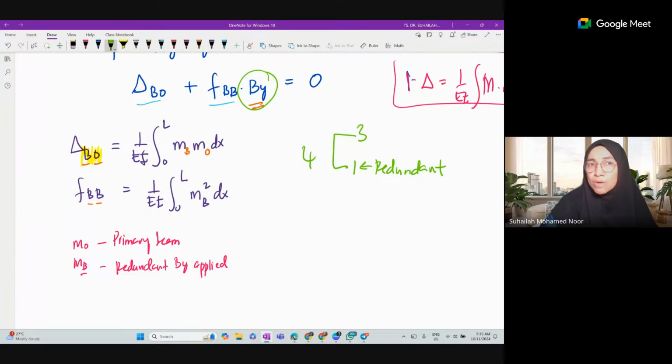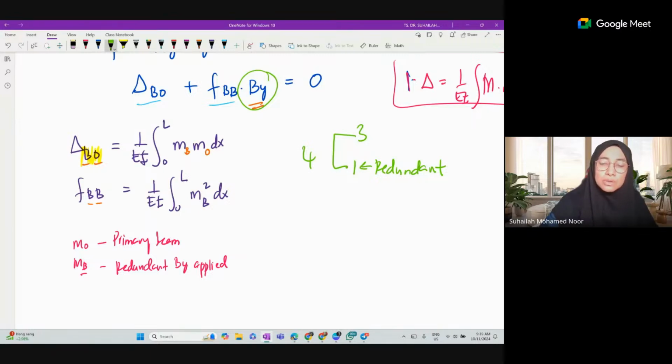We want to analyze all reactions, because in structural analysis, the reaction is very important. Start with reactions, then internal forces, and then deflection. Deflection is the behavior of the structure, and from deflection, we move to the design process.